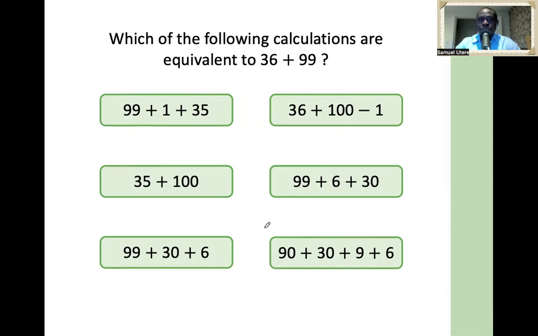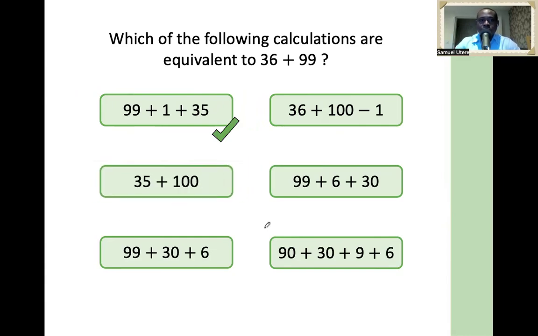So for this one, you can see that it's the same. They're equivalent. Why? We've simply split 36 into 35 and 1. Now we have partitioned 36 into 35 and 1. So they represent the same calculation, and 99 is still there.